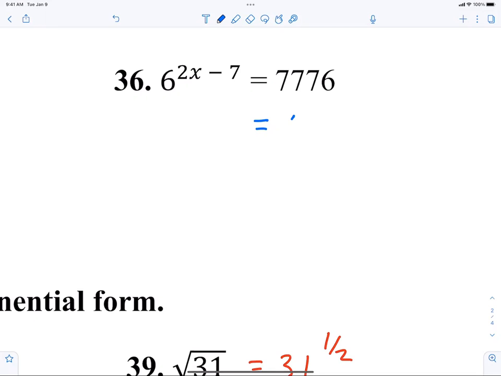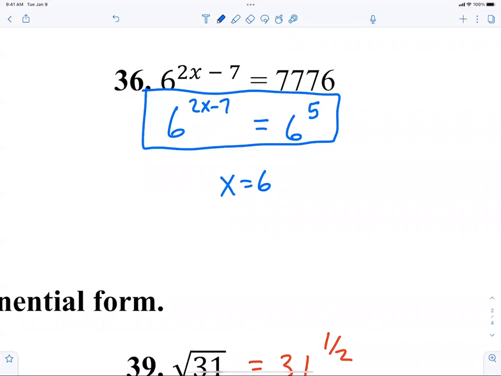Which is 5. Somebody said 6 to the 5th. Is that correct? All right, now 2x minus 7. Just tell me the answer because you're brilliant. X equals 6. There we have it. This is what is expected right here, guys.